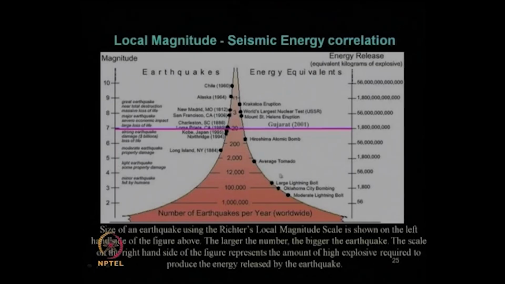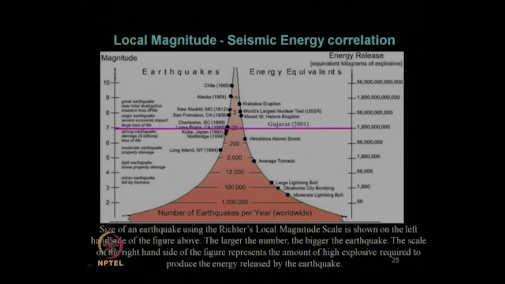Anyway, their nature of destructions are different, but this is in terms of energy equivalence when we are talking about. Then various other earthquakes are also informed over here: Northridge earthquake, Kobe earthquake, Loma Prieta earthquake, Chile earthquake of 1960, then Alaska earthquake, even the 2011 earthquake of Tohoku, Japan will come at this location, which is just about 9.1 or so.